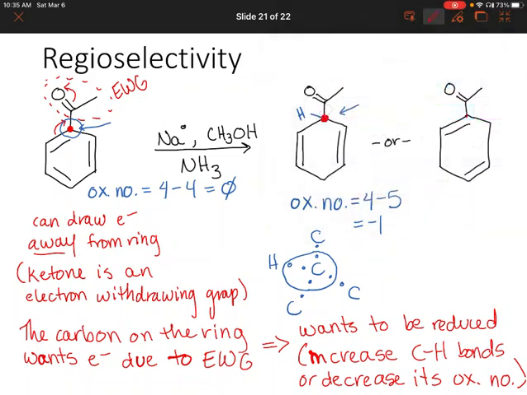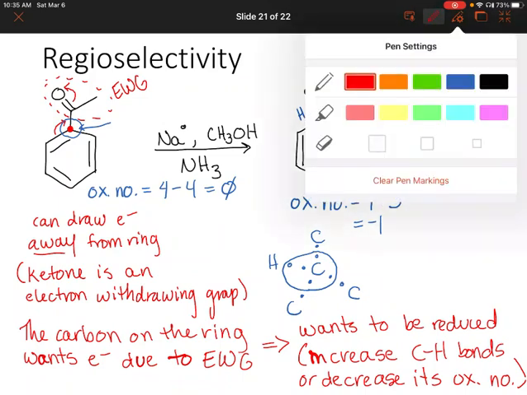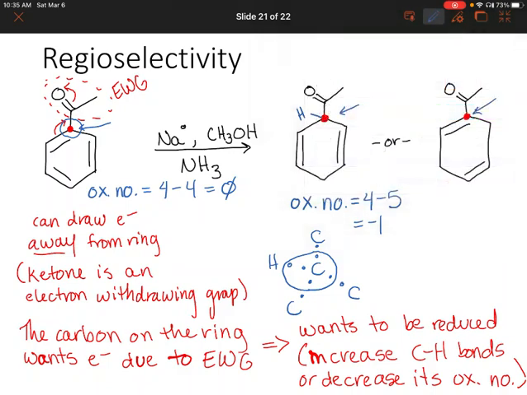All right, so let's look at our carbon here. What is the oxidation number of that carbon? I'm going to draw our Lewis structure again around that carbon. This time we don't have any hydrogens there, right? We just have a double bond off to the side with another carbon. So this looks pretty similar to our starting material. The carbon is completely sharing its electrons with the other carbons, so this would give us an oxidation number of 0.